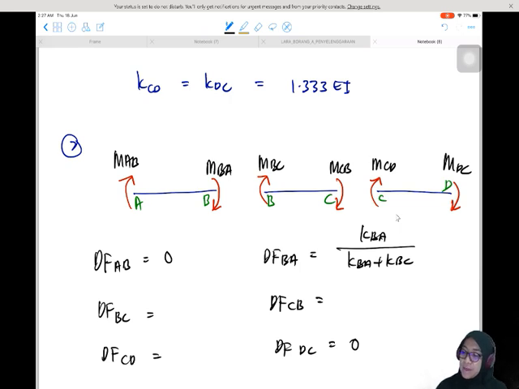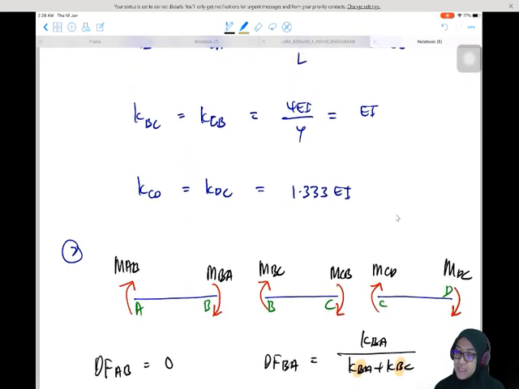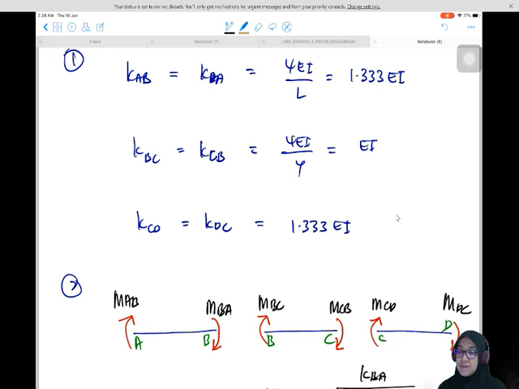Because the upper part is for the member and the below part is for the joint. So for the below part, we have to combine the stiffness factor for member AB, it is KBA, and for member BC, it is KBC, like this. So this is equal to, EI will be cancelled, 1.333 divided by 2.333.